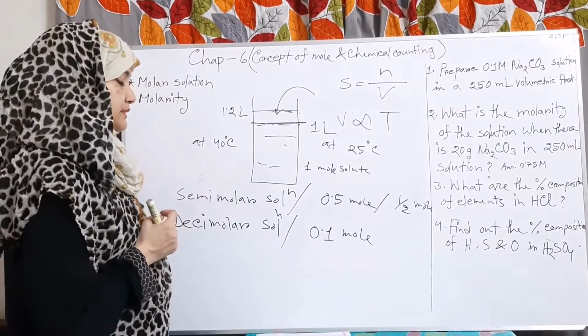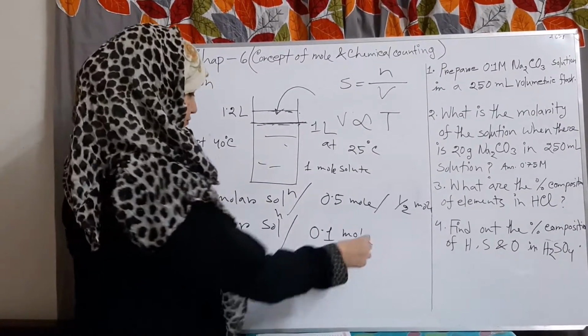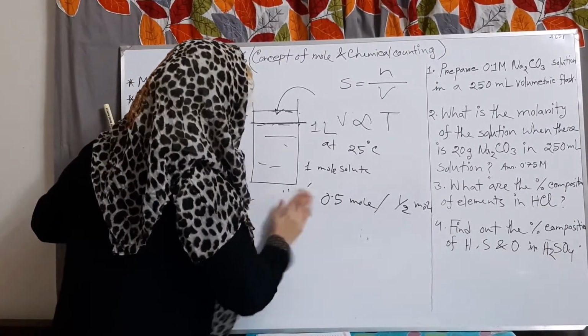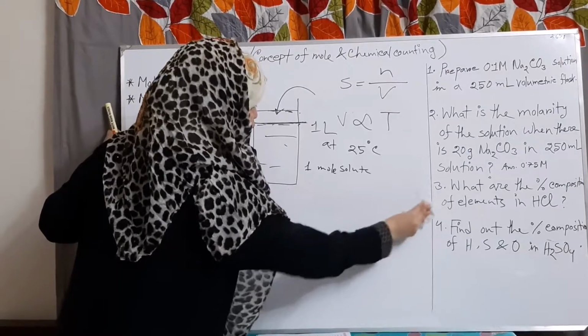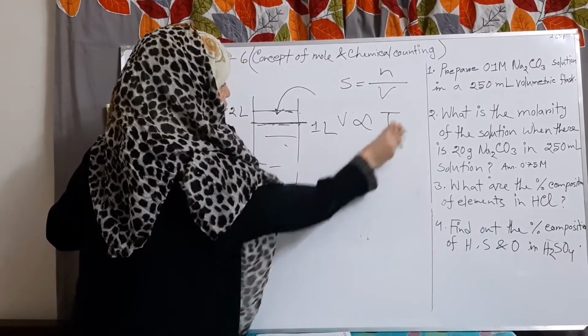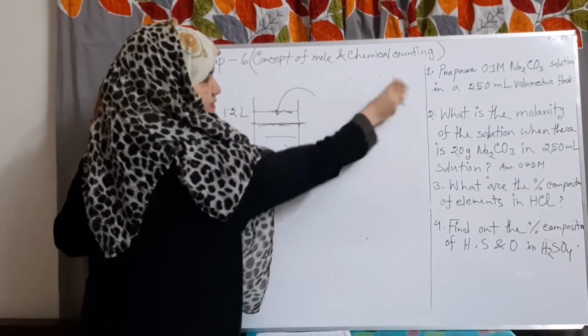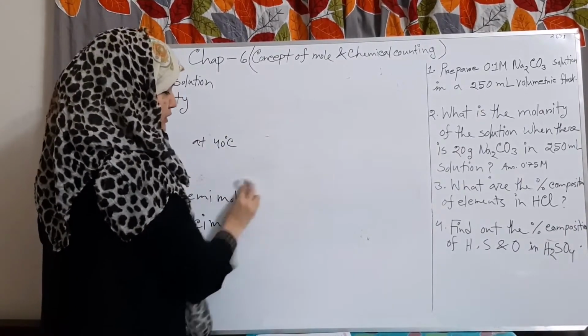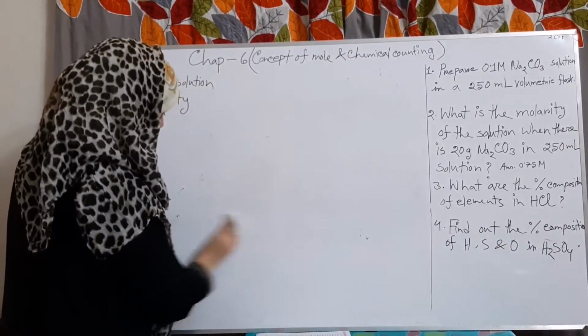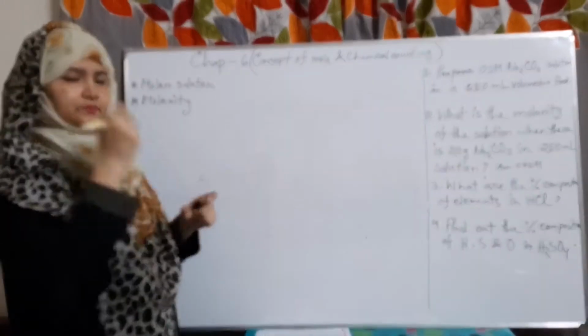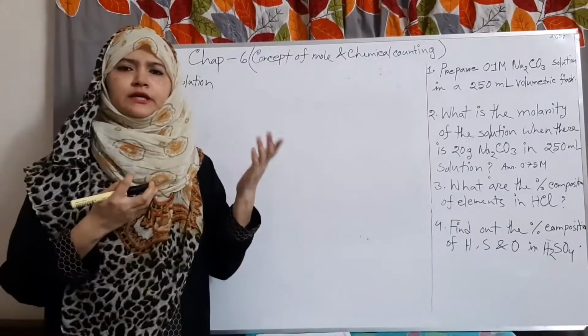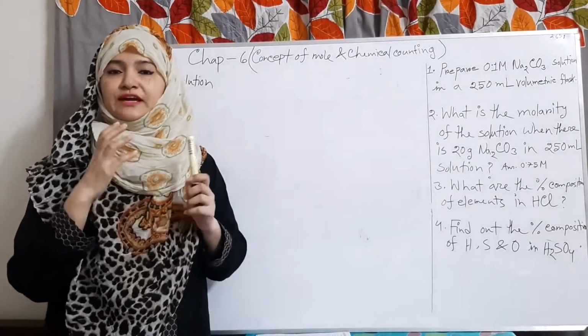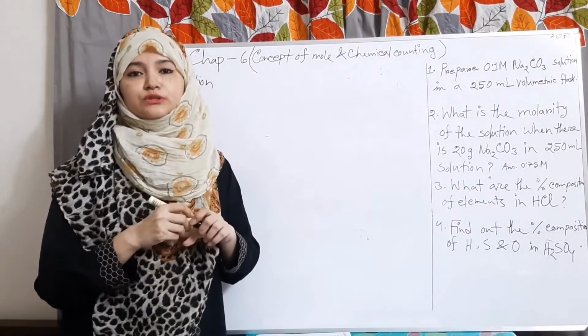Okay. Now, preparing any molar solution is a very, very easy task. Now we have to know how we can prepare a molar solution easily. For preparing any molar solution, at first we have to take a volumetric flask.